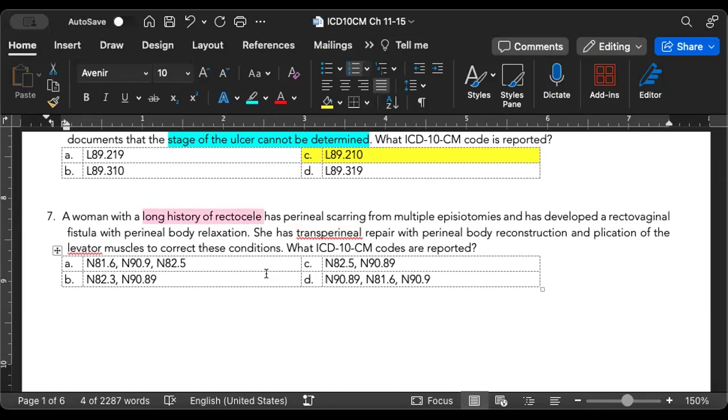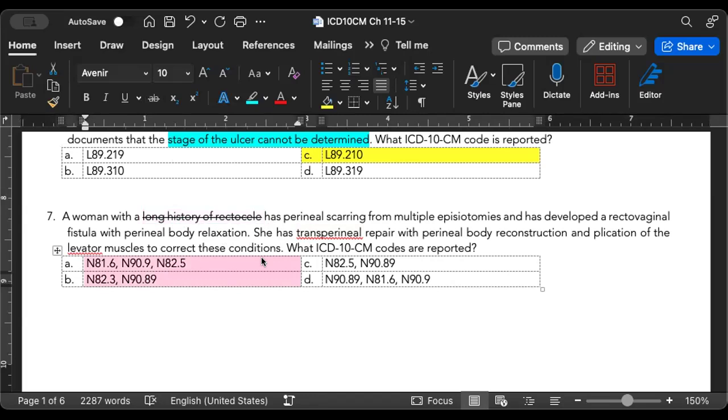So Tanisha says both. So if there's a history of the rectocele, should we code it as a current condition? No. Because it's a history of, and we cannot say that it is current, then we should not report it. So I'm just going to cross that out. Out of sight, out of mind.